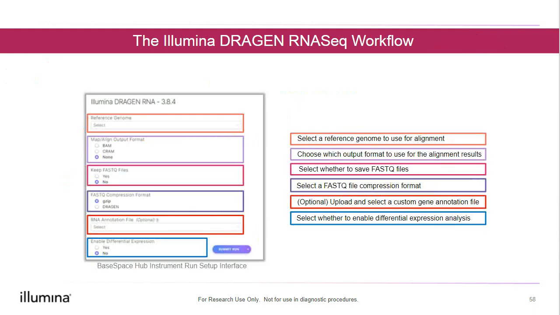An RNA annotation file can be added when creating the sample sheet in Instrument Run Setup. This file provides exon boundaries to the aligner and gene locations for quantification and gene fusion detection. When uploading a custom annotation file, the file must be in GTF, also known as general transfer format.